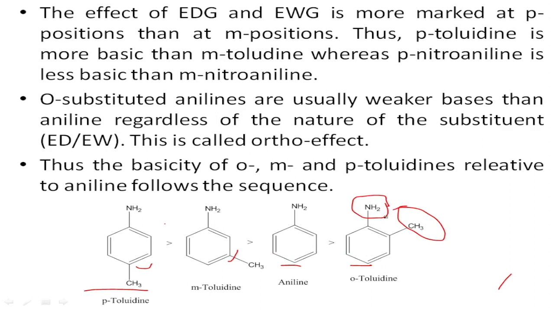With the ortho effect, aniline becomes a weaker base, maybe due to steric effect. So this becomes very weak. When the ortho position is occupied, it becomes a weaker base than aniline.